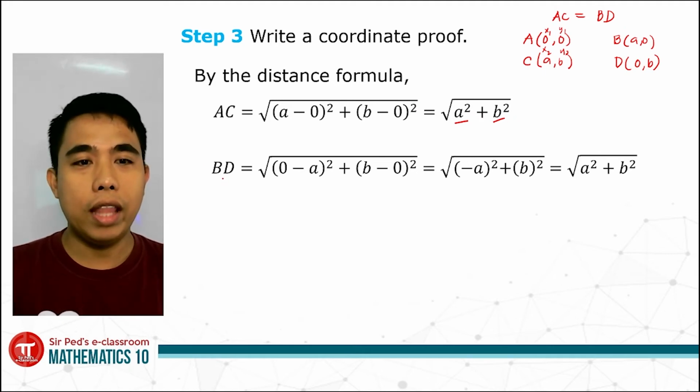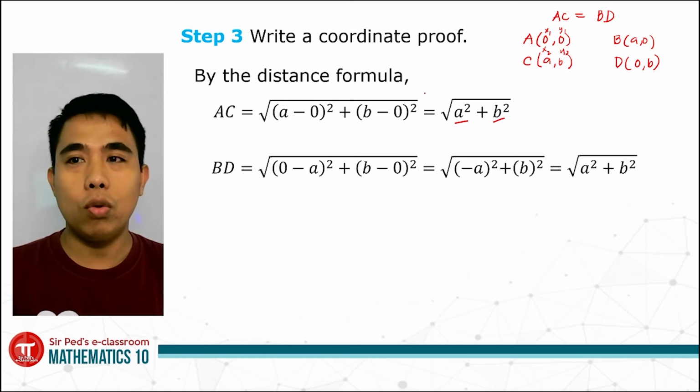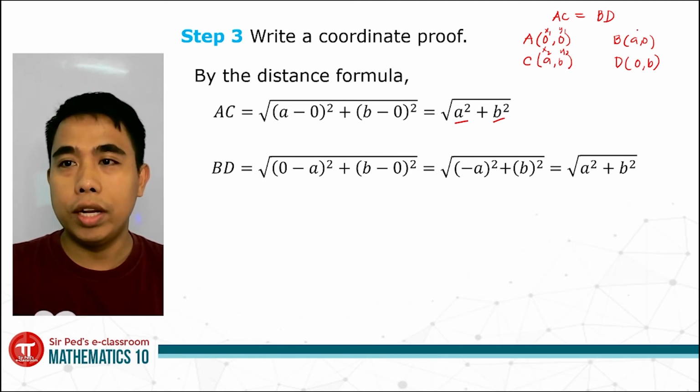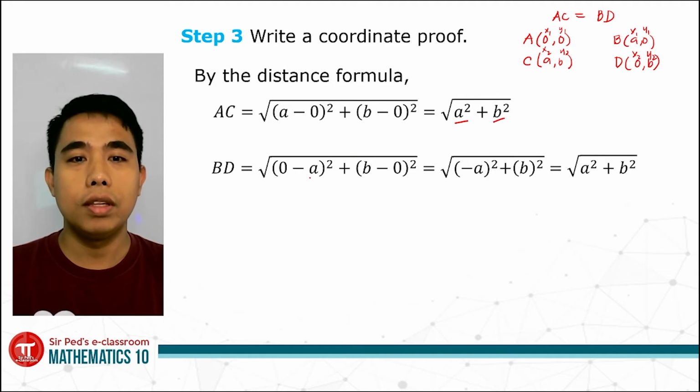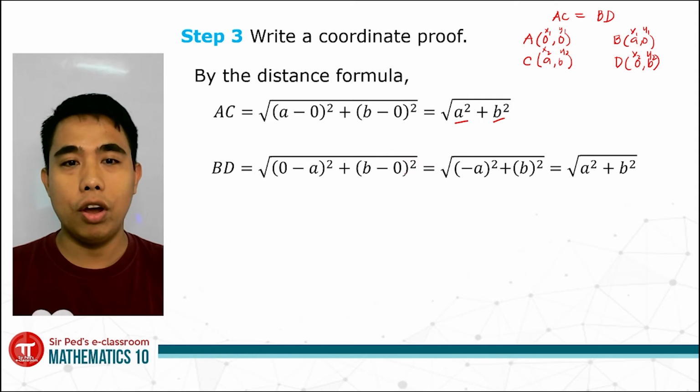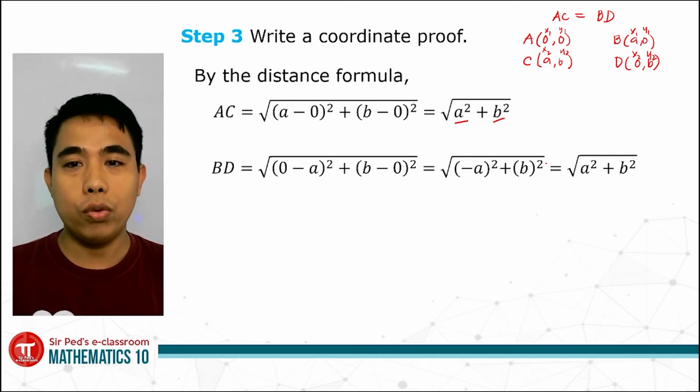Now let's find the length of BD. So that is equal to, we consider the coordinates of B be x sub 1, y sub 1. Coordinates of D be x sub 2, y sub 2. So that is equal to the square root of 0 minus a, the quantity squared, plus b minus 0, the quantity squared, which is equal to the square root of 0 minus a is negative a, the quantity squared, plus b minus 0, that is b squared.